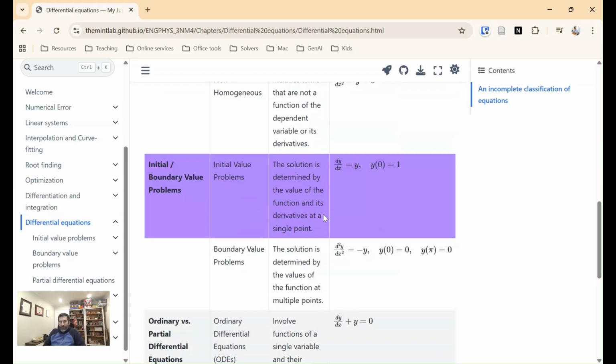Initial versus boundary value problems. This is probably going to be the most important for the next 2 weeks because we're going to split up and talk about, first of all, initial value problems and then boundary value problems. Okay, so for initial value problems, the solution is determined by the value of the function and its derivative at a single point. So basically this is typically time stepping problems, right?